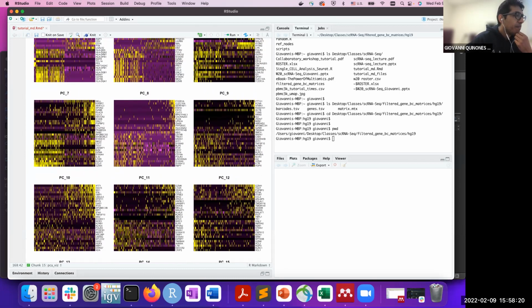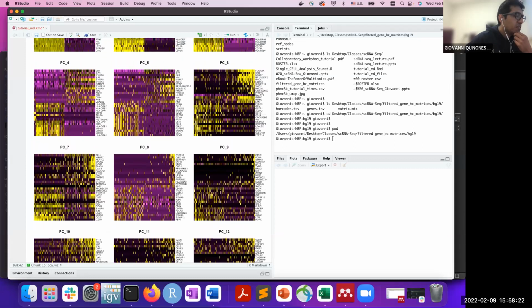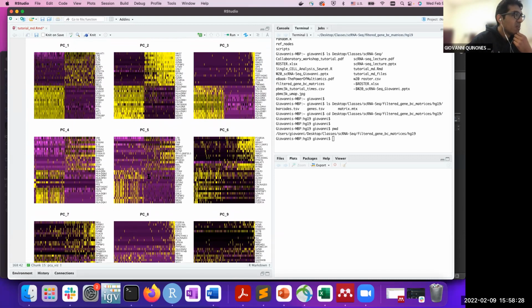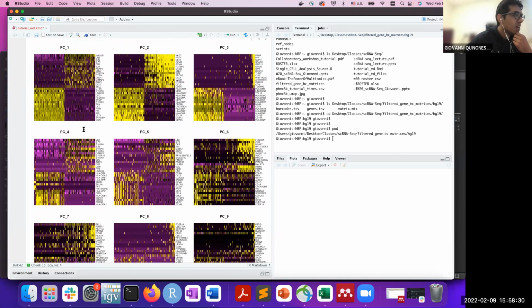If you remember the definition of every PC, and why this is PC1 and why this is PC4, for example, then this will become pretty obvious, because PC1 is the first dimension that captures the most variability of your original data set.